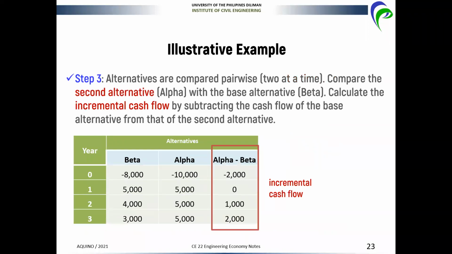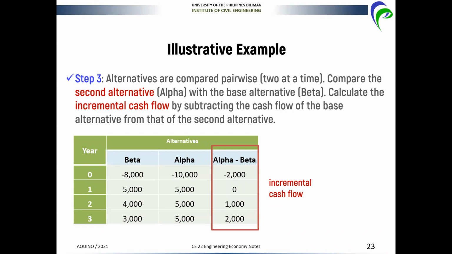Now, next, ang ginagawa natin is compare them pairwise, starting from the least and the second to the lowest na cost. So, that said, compare natin alpha with beta. And you notice here, we get the incremental cash flow, alpha minus beta. Basically, ano yung karagdagan sa cash flow natin if we go for alpha instead of beta?